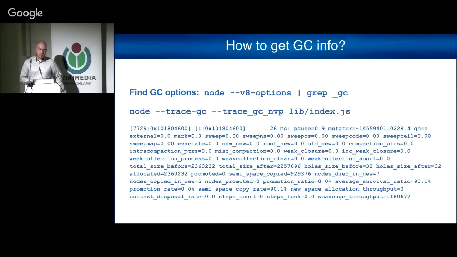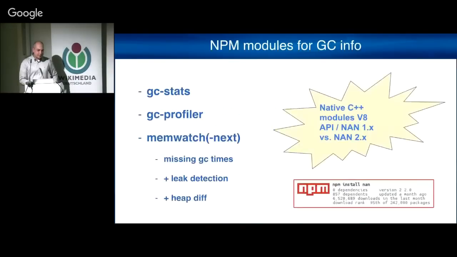A typical option is to use trace GC, and there's also some others that give you more details, and you get the garbage collection information to the console. But there's no other way. So there's no option to store it to a log file or pipe it to a different stream. It's very hard to work with it. Even on my MacBook, I couldn't catch the output stream and write it to a log file. And it's in real time, so it goes very fast and hard to read.